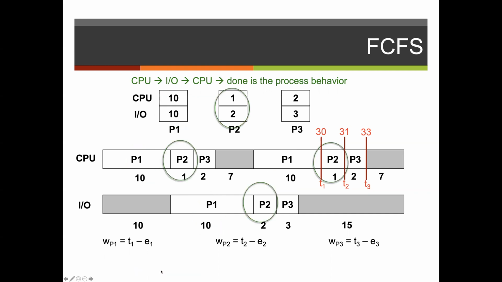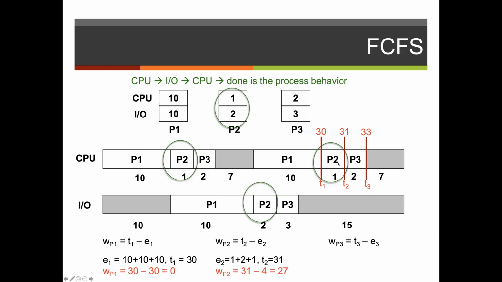And so we can do the same calculations for P2 as well as P3. In this case, for process 2, the wait time is going to be 31 minus 4, which is going to equal 27, because we have that the time for the CPU is going to be 31.